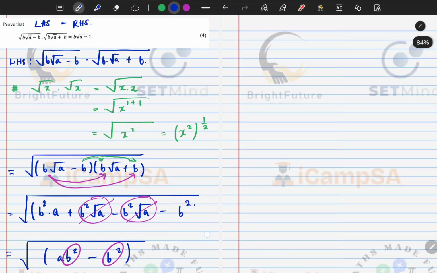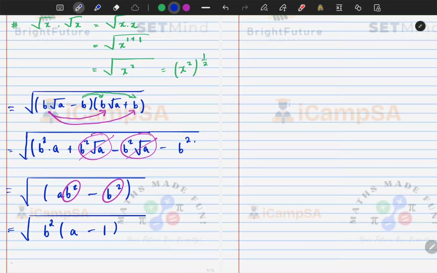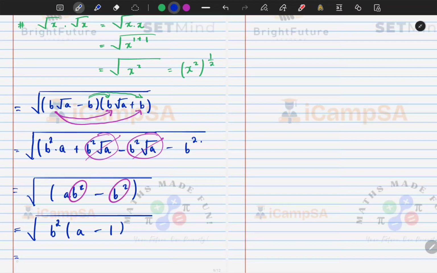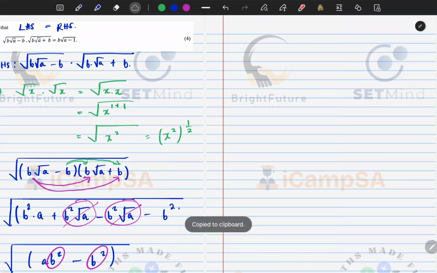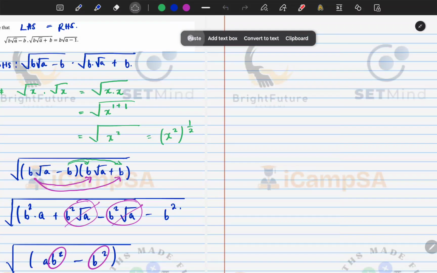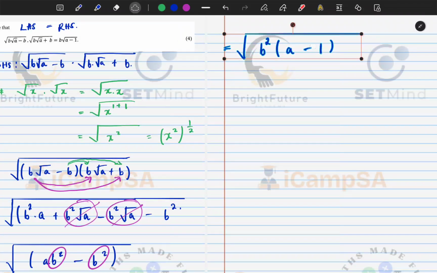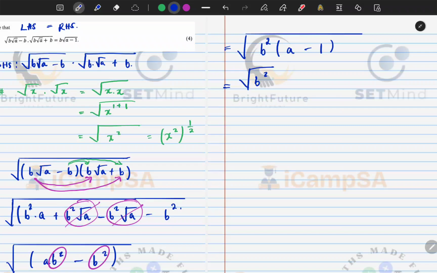Let's see how far we are from proving this. Not too far. And then we can distribute the square root. So let's write it on a new page. When we take this out, we can just distribute the square root, which is b squared times your a minus 1.